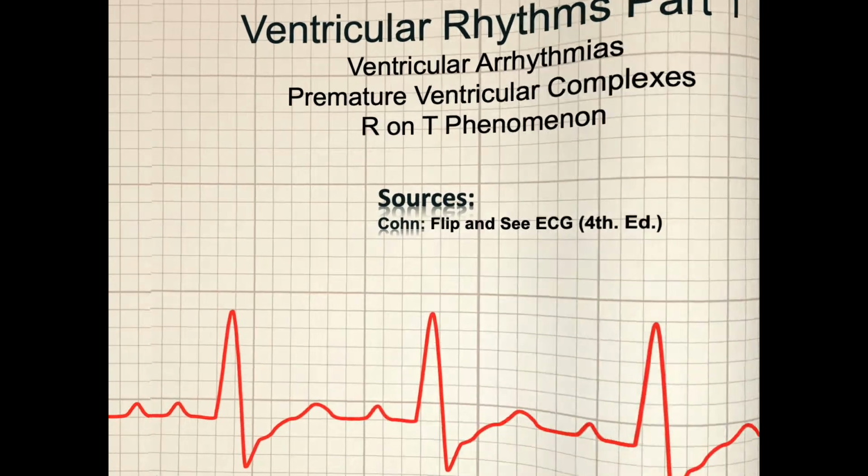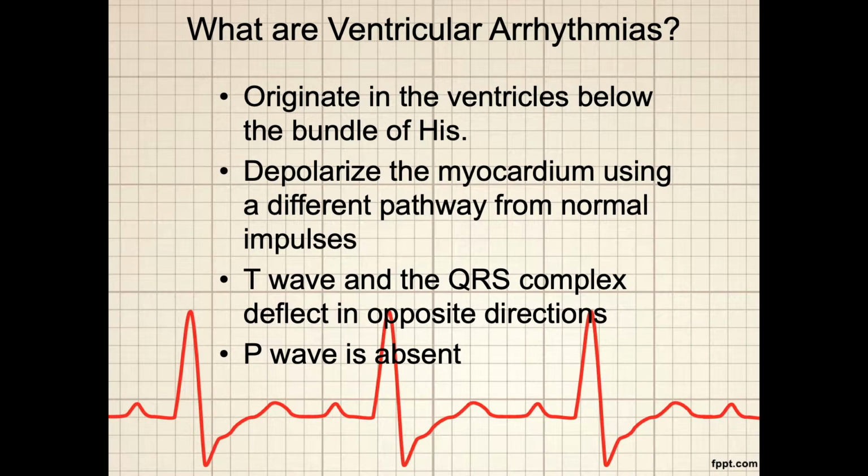What are ventricular arrhythmias? Ventricular arrhythmias originate in the ventricles below the bundle of His. They depolarize the myocardium using a different pathway from normal impulses. This means the ventricles will depolarize in a different direction than normally found in a healthy heart, and the atria, if they depolarize, will depolarize after the impulse comes to it from the ventricles.